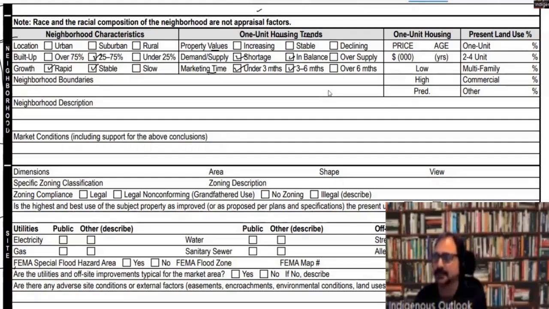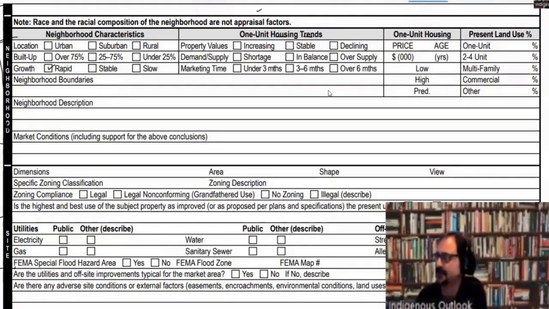But if it's an oversupply, meaning we have 20 properties listed for sale and only 4 people trying to buy, the rest of the 16 might have to wait for longer periods, 3 to 6 months or 6 months to 1 year, right? That is how these two columns are connected with each other, and this is how we are going to cross-check all the information within these two columns.